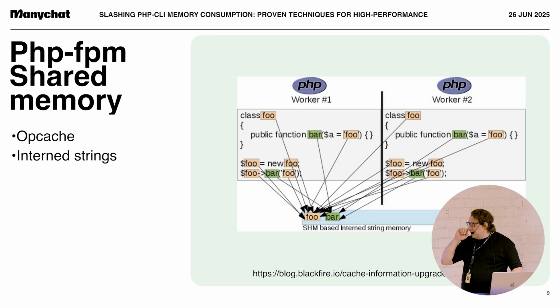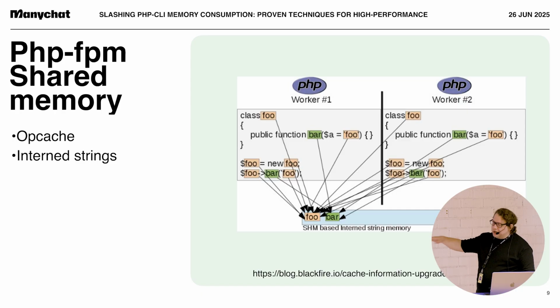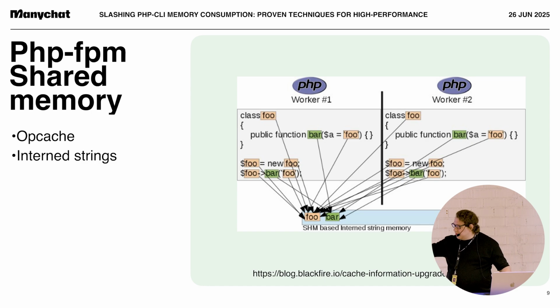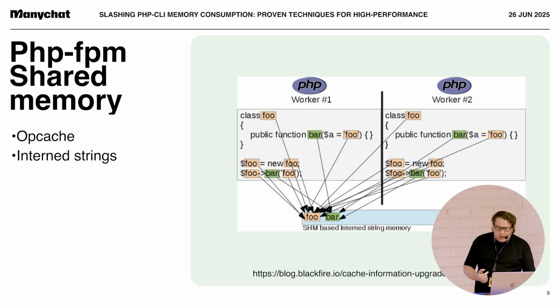But less known thing is the internal strings. So under the hood, PHP, instead of storing every duplicate string, stores the string only once, and just references the memory to this string, saving lots of memory.